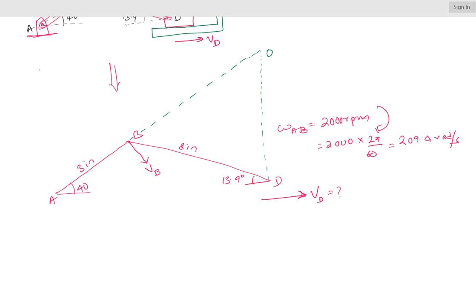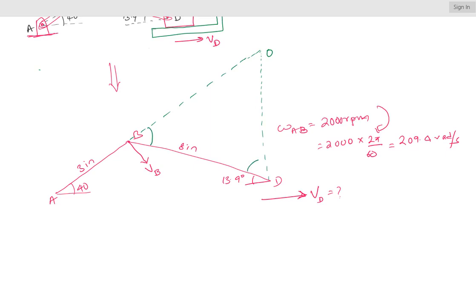We'll call that O. The way we attack this problem is we find the distances OB and OD, and from that we use the formula V equals R omega. Simple. But to find OB and OD, we need to find these angles.